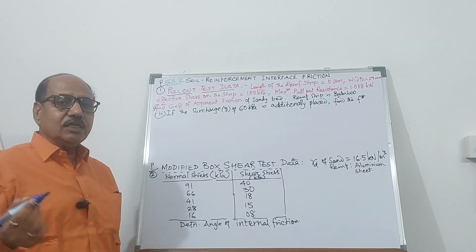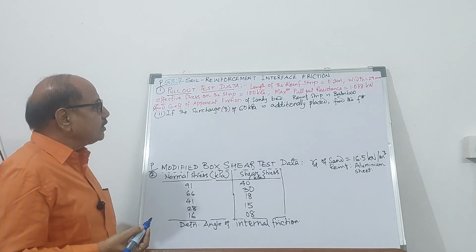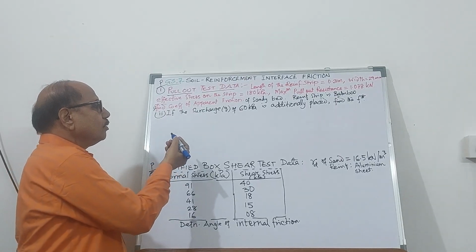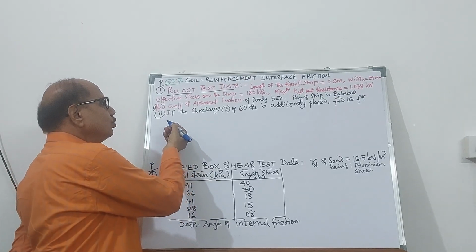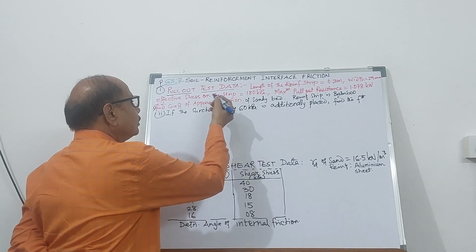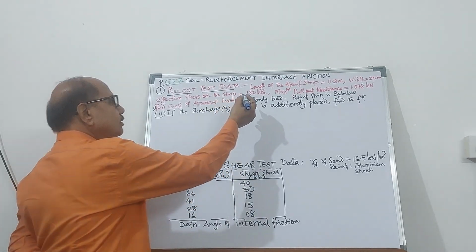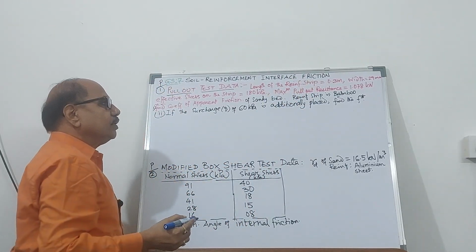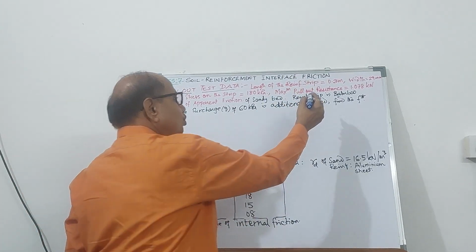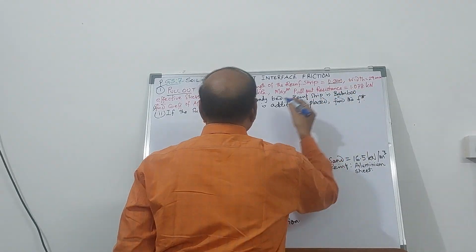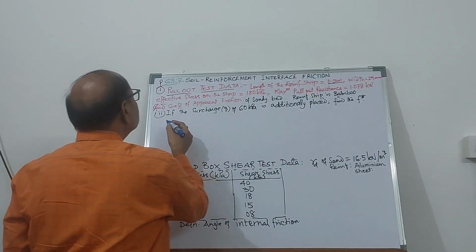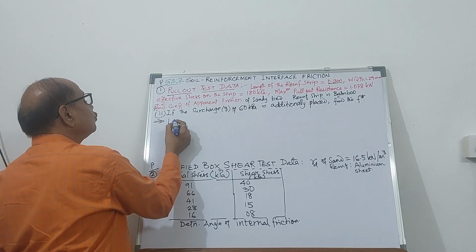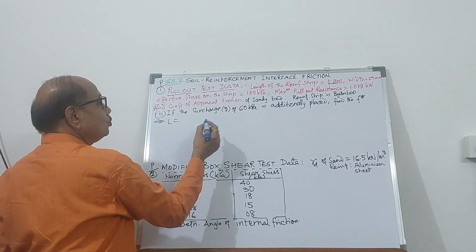In continuation of the previous video, there is going to be an example numerical based on the pull out test data. The length of the reinforcement strip is given to you as 0.3 meter.